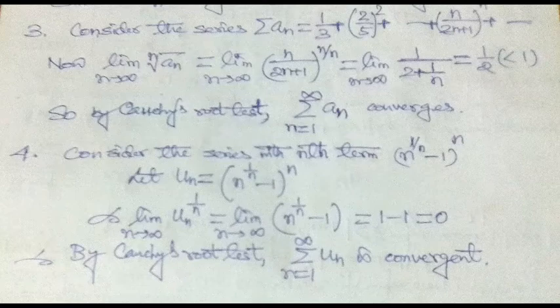Then limit n tends to infinity nth root of u_n will be limit n tends to infinity of n to the power 1 by n minus 1. So limit n tends to infinity n to the power 1 by n is nothing but 1, so the limit will be 1 minus 1, that is 0. So by Cauchy's root test the given series is convergent.